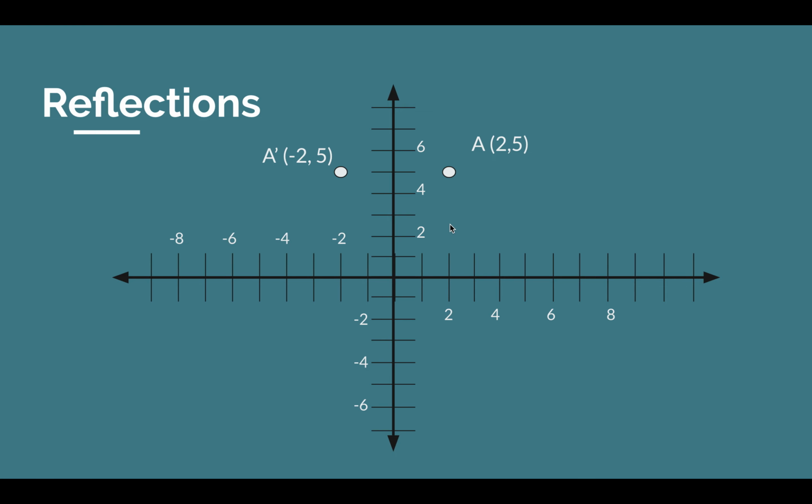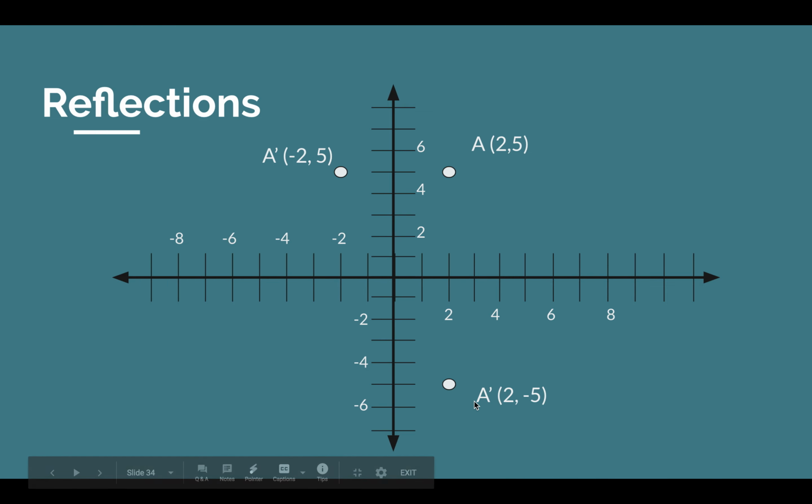In this case, I'm 5 units to the x-axis, so I need to go 5 units in the other direction. It doesn't matter where I reflected, I would still call the reflection point A prime. But keep in mind that if I reflected over the x-axis, I'm going to end up down here in quadrant 4, whereas when I reflected over the y-axis, I ended up in quadrant 2.